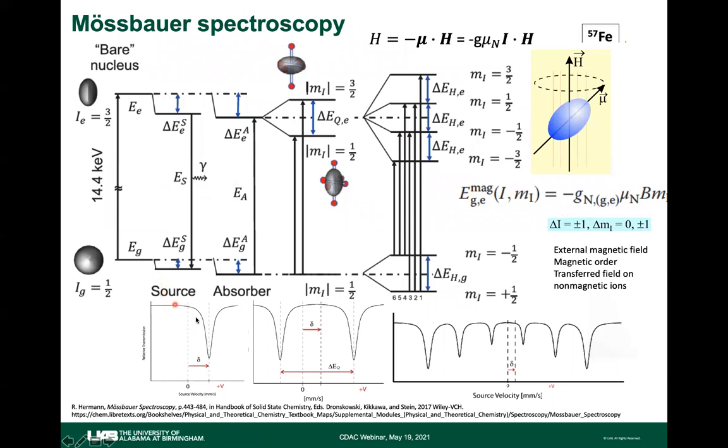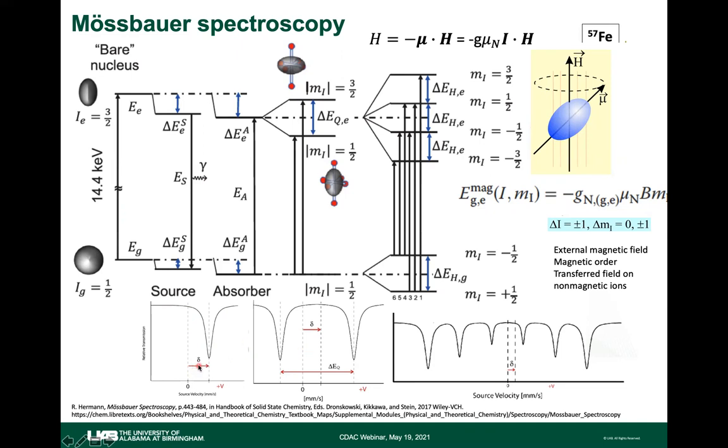This is the typical data you see in a conventional Mossbauer lab. It's just a shift of this Lorentzian function in the absence of all other hyperfine interactions.